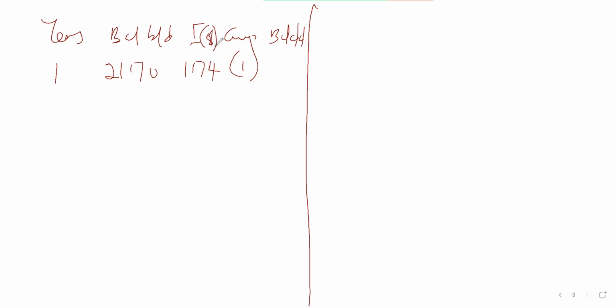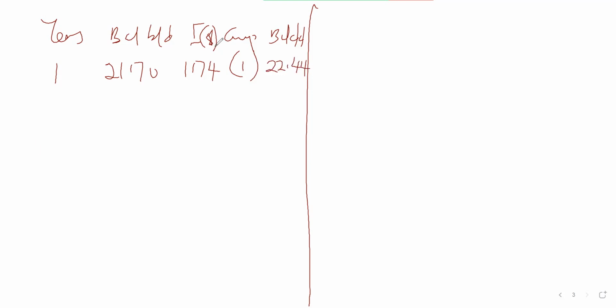So what will be our balance at the end now? 21.70 plus 1.74 minus 1. What are we getting? 22.44. So that is it.